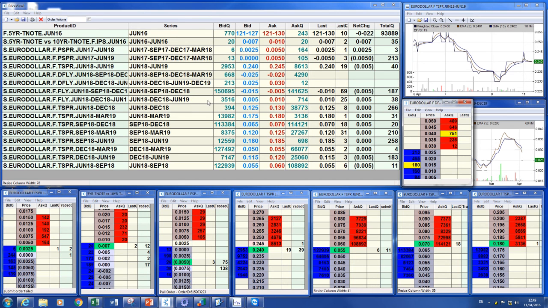There's 150,000 lots on this bid to buy -1.5s in the June 18, Sep 18, Dec 18 fly. There are not 150,000 one-lot people, I know there's bigger traders, predicting that is the bottom of the fly. What they're predicting is right now, that is good value, right? So what they're trying to do is capture a bid-ask.